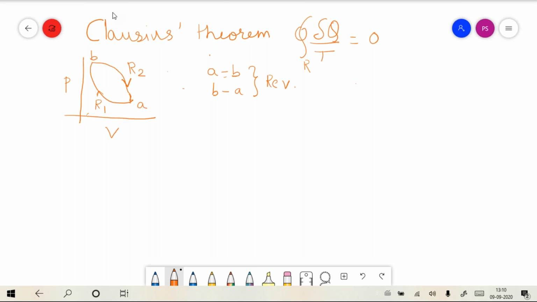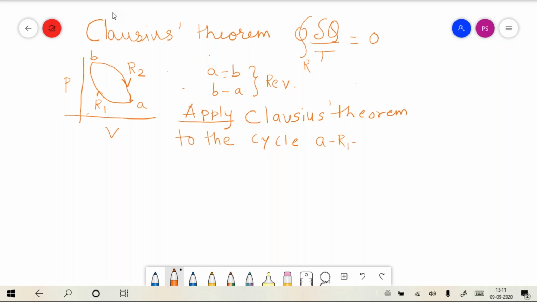Now let us apply the Clausius theorem to this cycle. I am applying the Clausius theorem to the reversible cycle A R1 B R2 A. So what is that application?